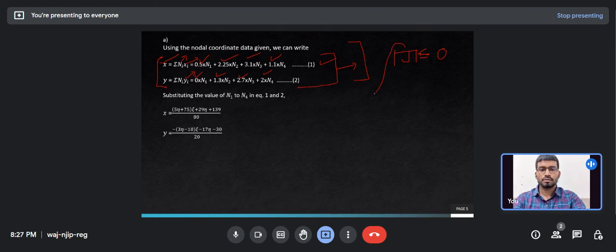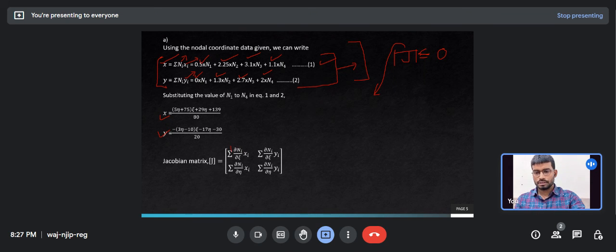For the determination of this Jacobian matrix, we are calculating this x and y, right? Because from the definition of Jacobian matrix, this is the summation of derivatives of shape functions with respect to zeta and eta multiplied with the xy coordinates, right?